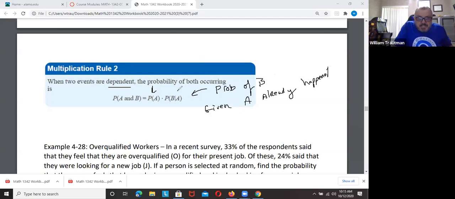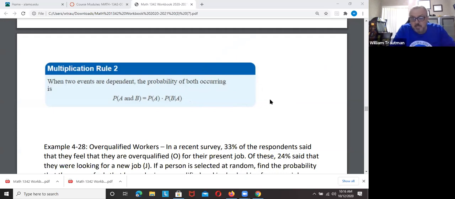So that's what this means right here, B/A. It means the probability of B, that line is given that A already happened, okay? So that's why they're dependent. The probability of B depends on what happened with A. The probability of A times the probability of B given A already happened. Make sure you write this down so you understand this is the probability of B given that A already happened.